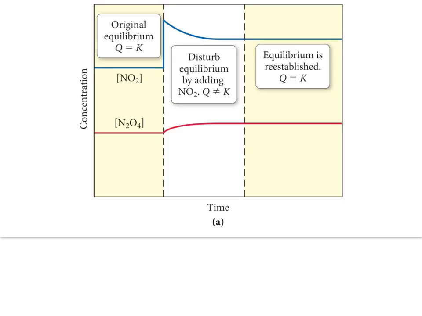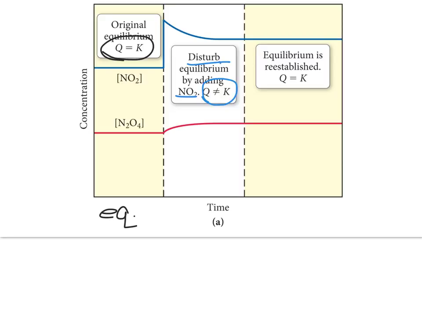We can also look at this in terms of what's happening during the reaction. Okay, here at the start of the simulation, the system is at equilibrium. So in that case, Q is equal to K. But we disturbed the equilibrium by adding some of the product, nitrogen dioxide. So now Q is not K because we've increased the amount of NO2.